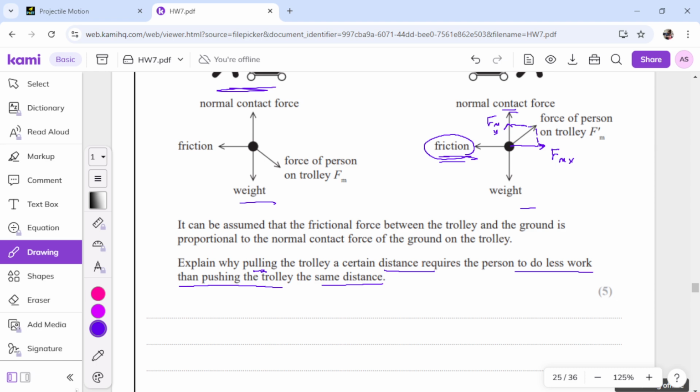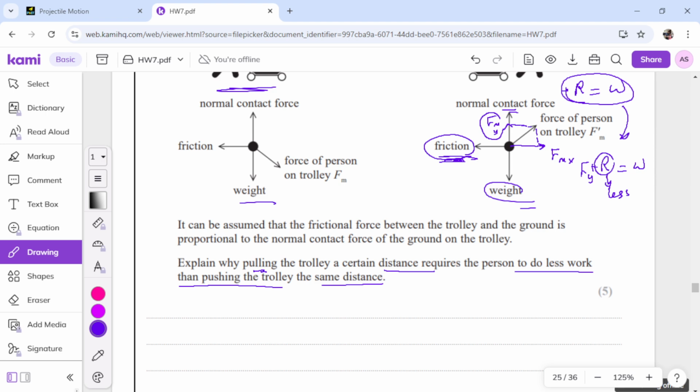Before Fy, normal force R equals weight, because the trolley is in vertical equilibrium, it doesn't move up or down. Now after the force of the person, we have a vertical component of F, so now we have two forces up. In the second case, we have R plus Fy equal weight. What it means? It means R will be less. And as R becomes less, what happens? The friction force will become less.